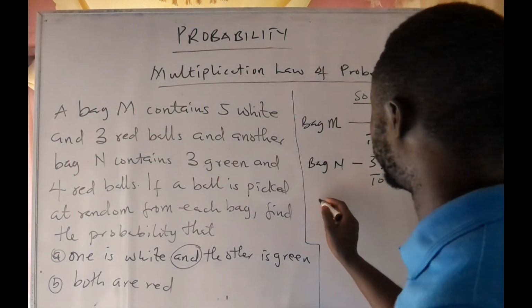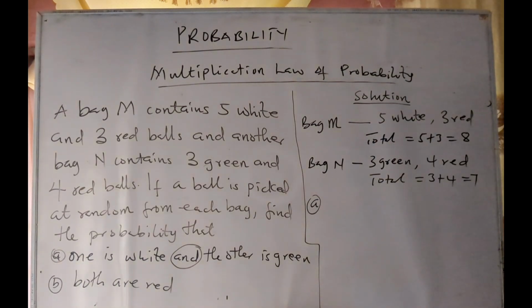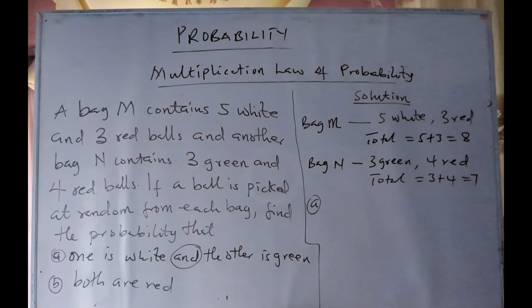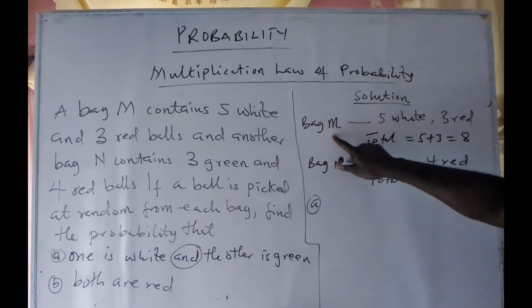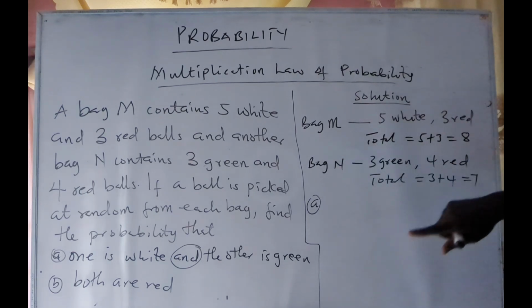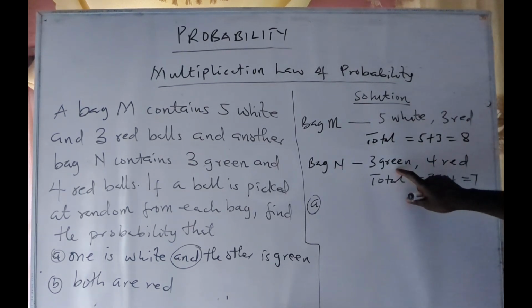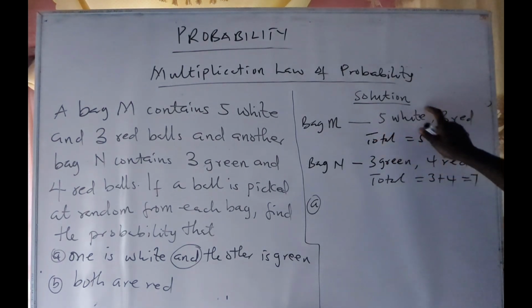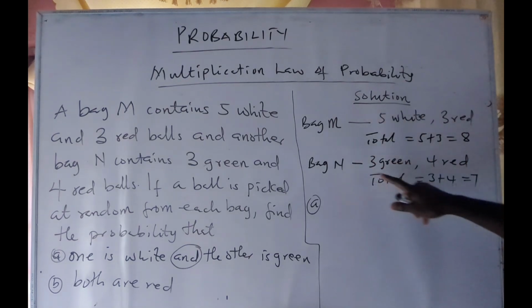So where do we see a white ball? There is a white ball in bag M, and a green ball in bag N. So one is white, which means we pick white from bag M, and then we pick green from bag N.